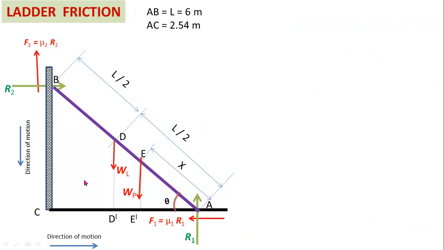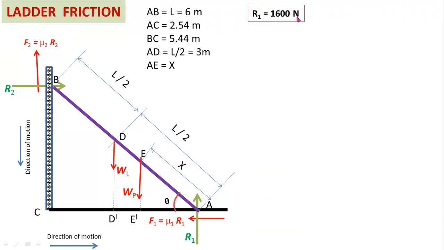The height of the vertical wall BC equal to AB sin theta equal to 5.44 meters, and AD is the half of the length of the ladder, L by 2 equal to 3 meters, and AE equal to X, that is the position of the person.